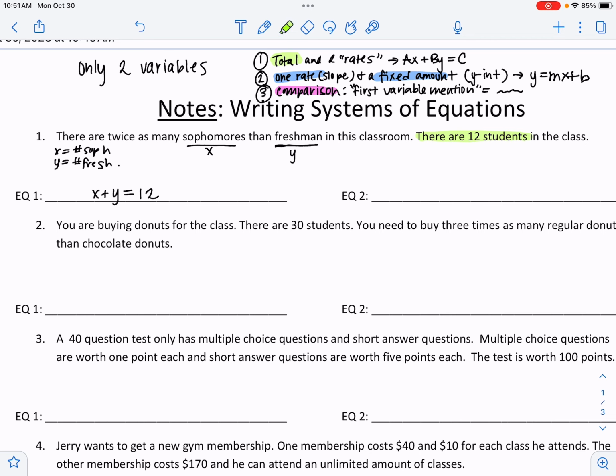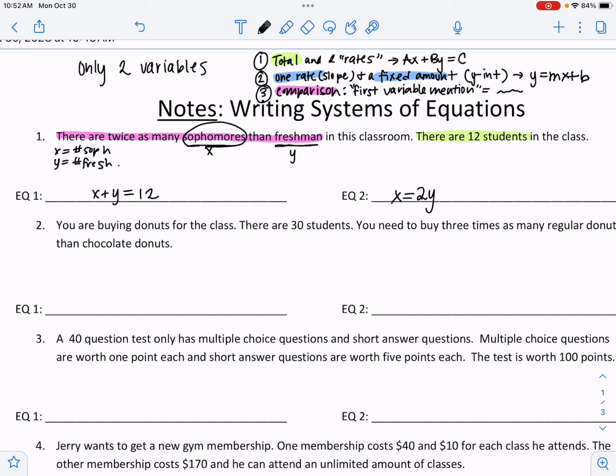You only get two letters. The other equation comes from the first sentence that says there are twice as many sophomores than freshmen. When you have a comparison like that, whatever comes first, in this case it's sophomores, it's X, it's automatically going to be X equals, and it says there's twice, and so 2y.